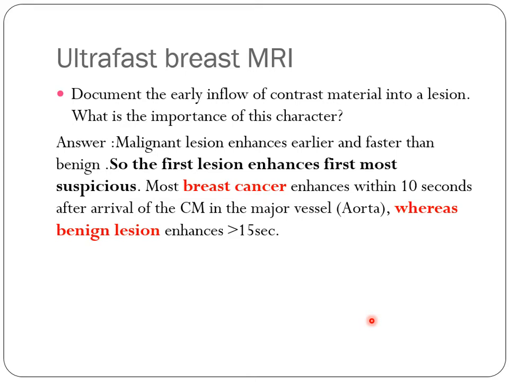What's important about this is that a malignant lesion enhances earlier and faster than a benign one, so the lesion that enhances first is the more suspicious. Most breast cancers enhance within 10 seconds after the arrival of the contrast material in a major vessel, I mean the aorta, whereas a benign lesion will begin to enhance within 15 seconds, a little bit more.